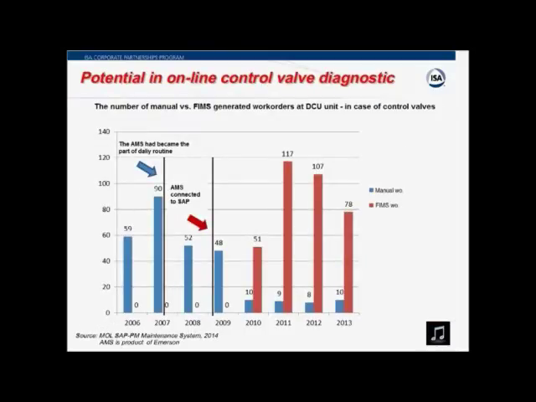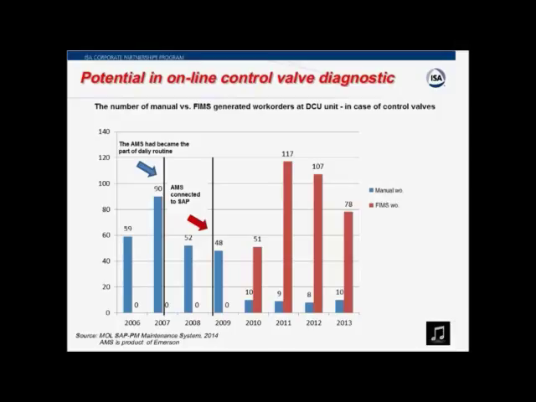Here is an example where the usage of FIMS has become part of the daily routine. In this unit, which is the delayed coker unit, later on the FIMS was connected to the SAP PM. Here the corrective manually entered work orders were replaced by FIMS generated work notifications.